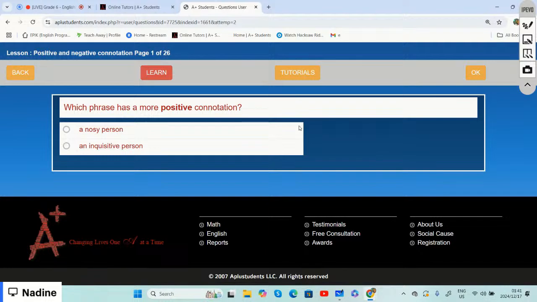All right, so which phrase has a more positive connotation? It's a nice word, a more positive connotation.